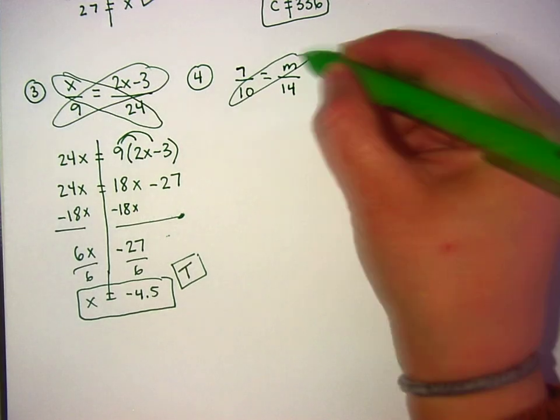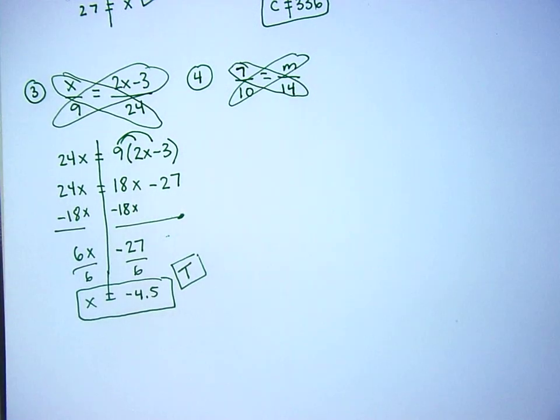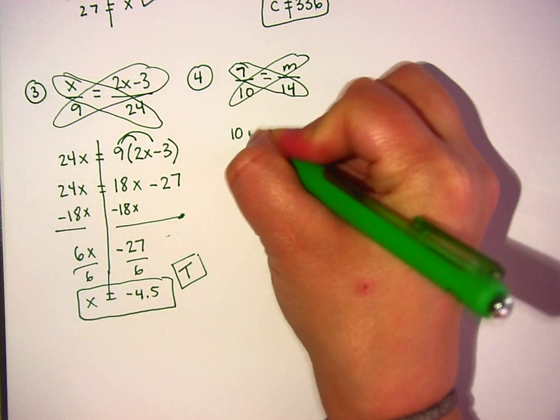All right. This time what I want you to do is try it yourself. Don't look up. Use your calculator. And when you're finished, look up and see if you got the right answer.